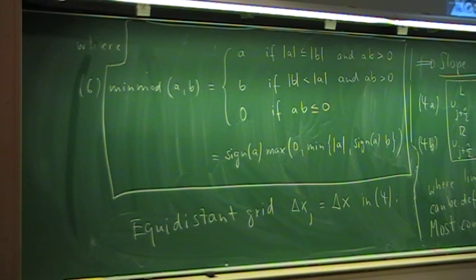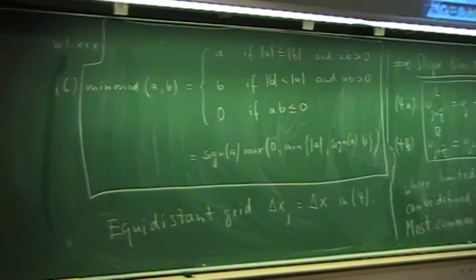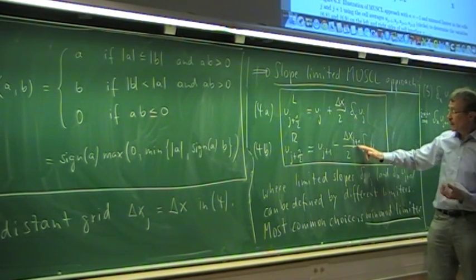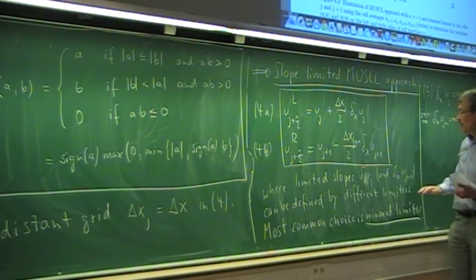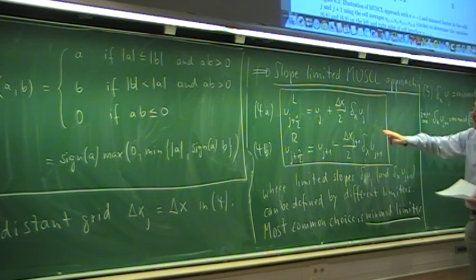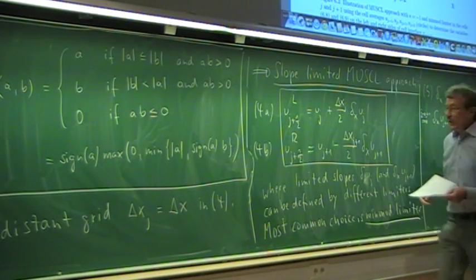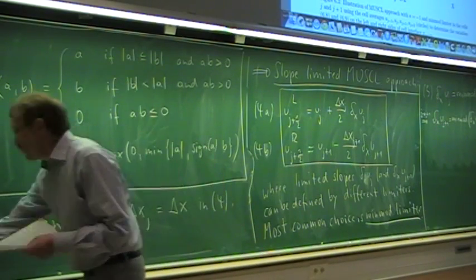That was the original MUSCL approach, where we started off. So that was the slope-limited MUSCL approach. Here we have it. So then we don't need to distinguish between Δxj and Δxj plus 1. It's just Δx. And these slopes contain also a Δxj or Δxj plus 1 in the denominator. So they will cancel. And then we get a much simpler form.